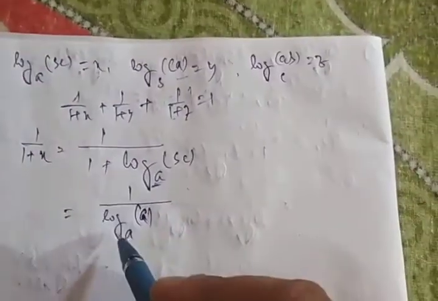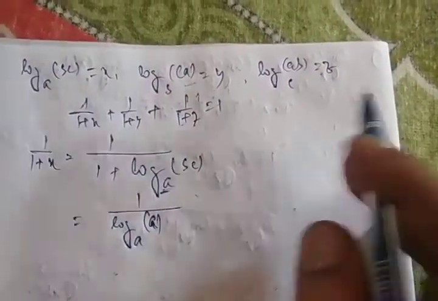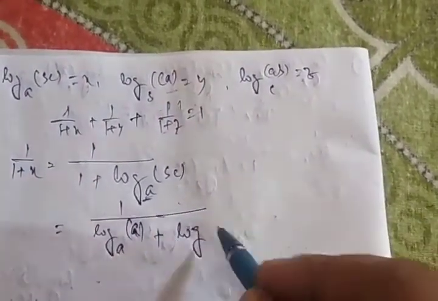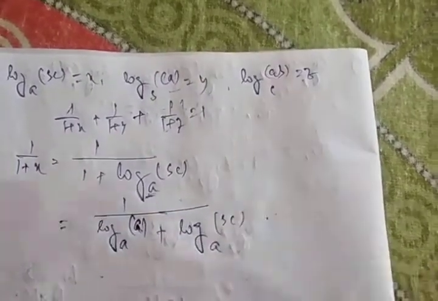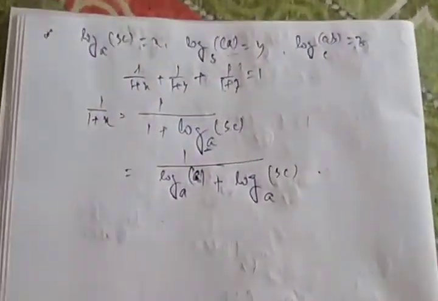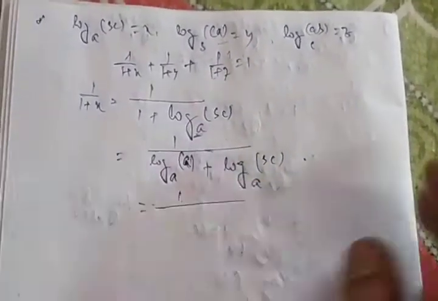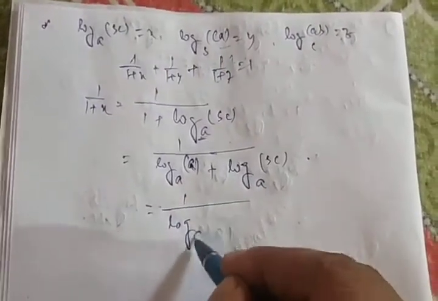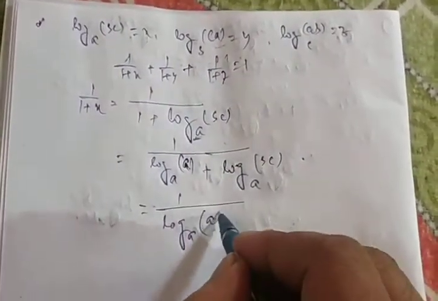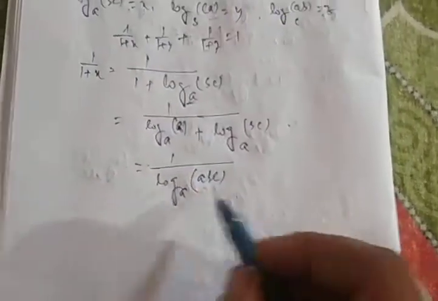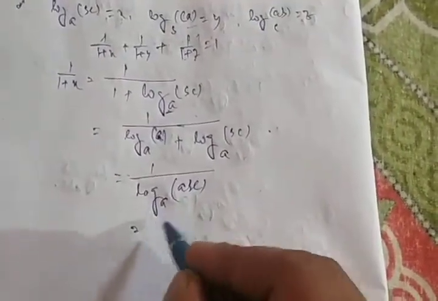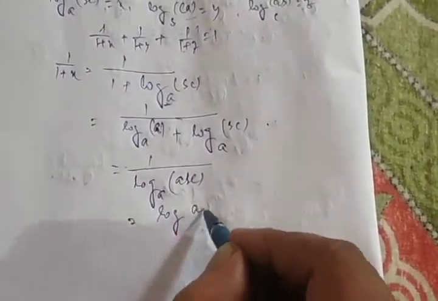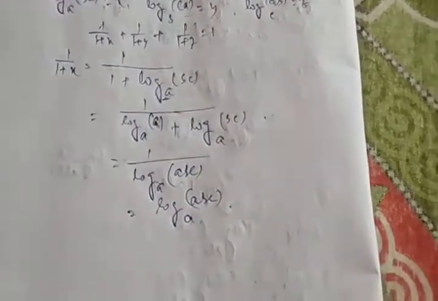And log of bc with respect to base a. Applying the multiplication formula, as the bases are the same, we get log of abc with respect to base a.